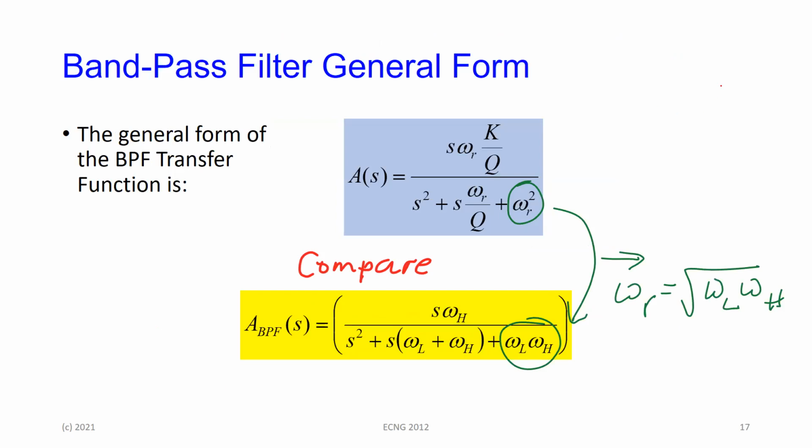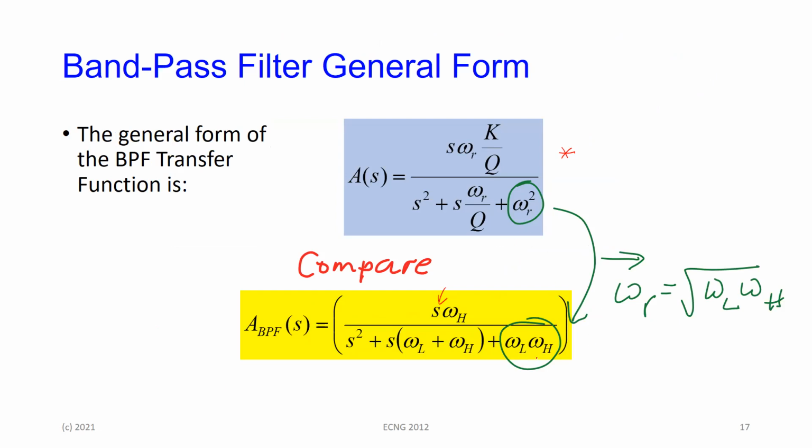And again, there's a general form. You don't need to remember this. I'm just telling you this for information purposes. There is a general form for the transfer function for a bandpass. And you can either substitute S equal to J omega here, or you compare it with the standard form.